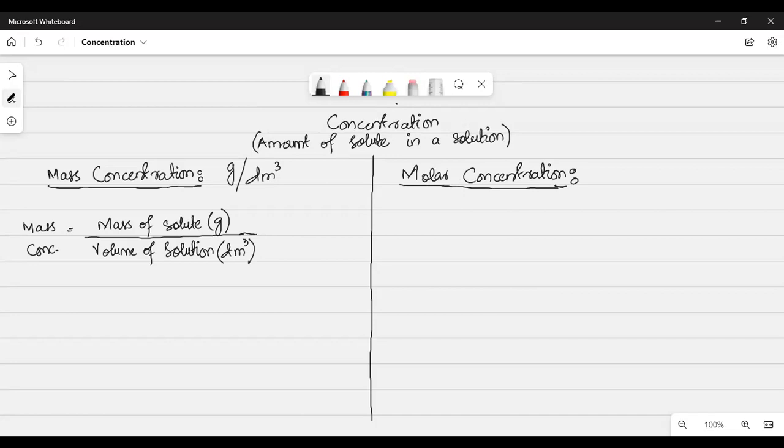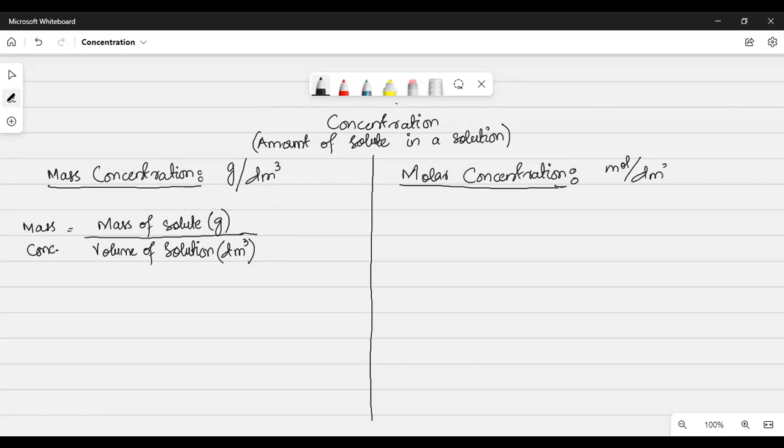But mass concentration really has about 2 or 3 questions in past 10 years papers. That really tells about the rarity of mass concentration questions. Mass concentration is more like a unit that we used to deal with in past times a lot, but molar concentration is really the more standardized unit nowadays.